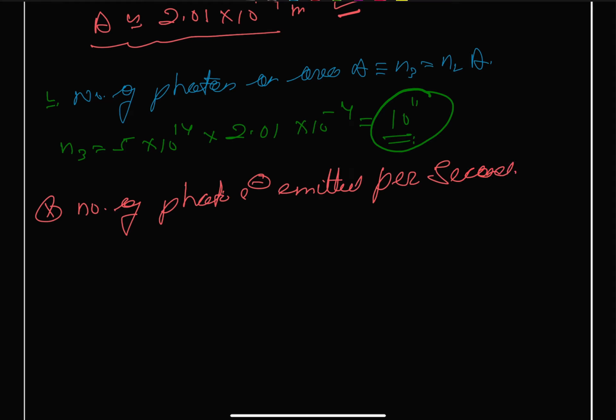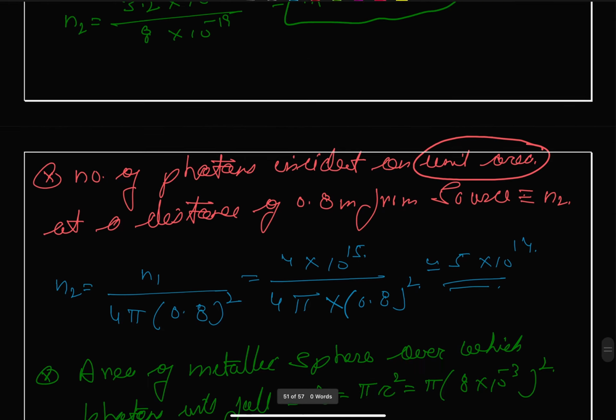That is our N, which will be equal to N3 upon 10 to the power 6. N3 is 10 to the power 11, giving us 10 to the power 5 per second. This was our part A.